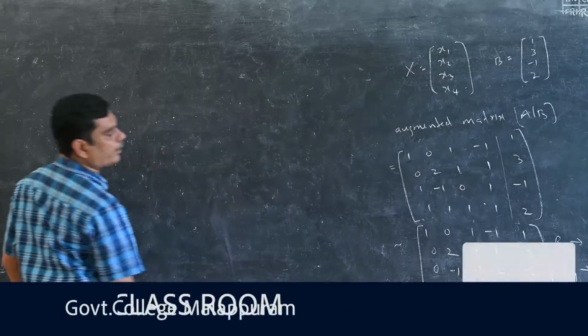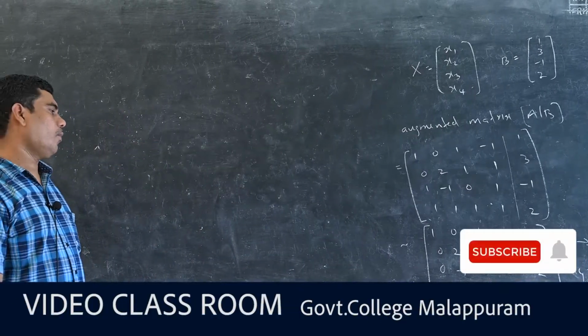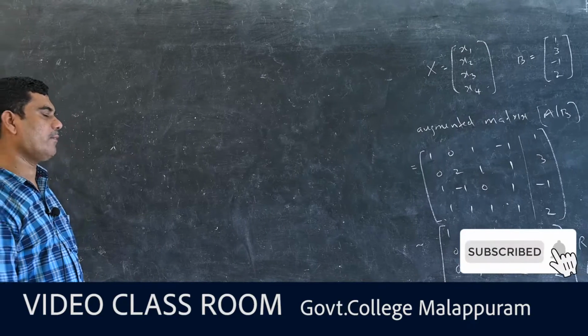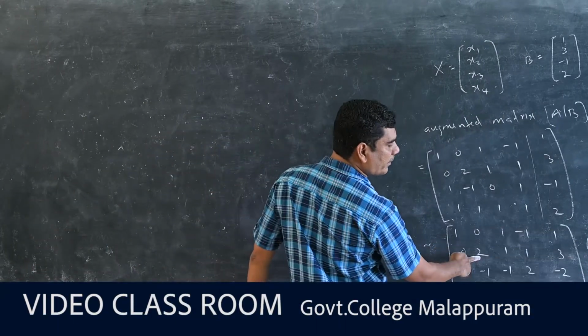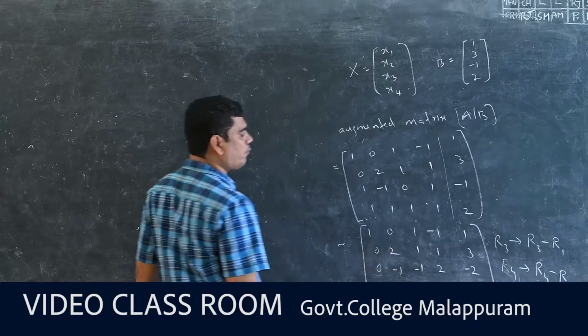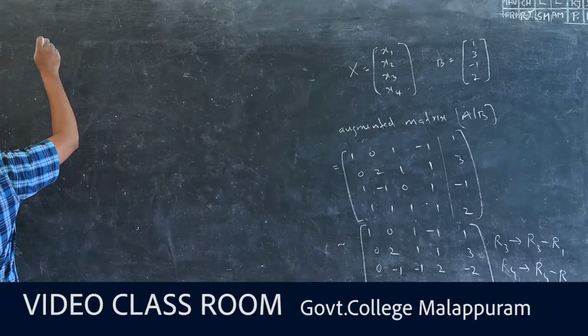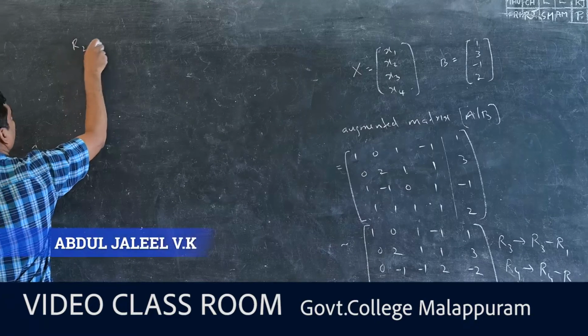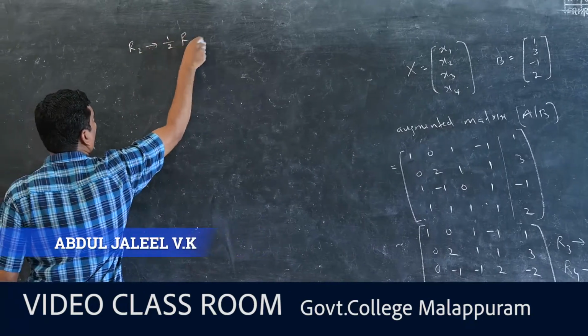Now we come to the second row. Take the first non-zero element, which is 2, and make it 1. For that we do the elementary row operation R2 goes into 1 by 2 R2.